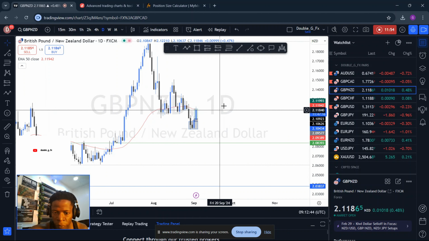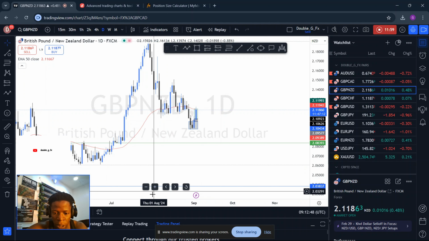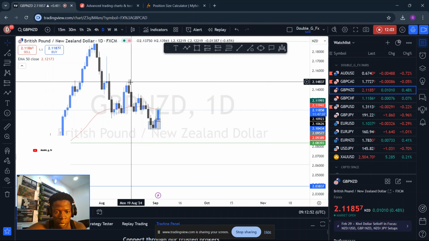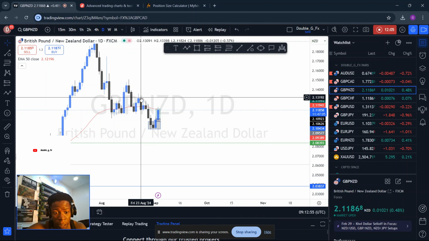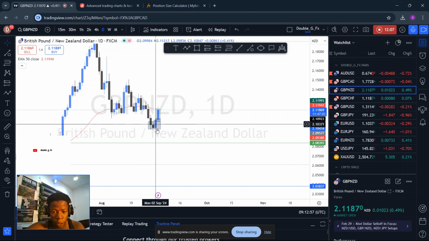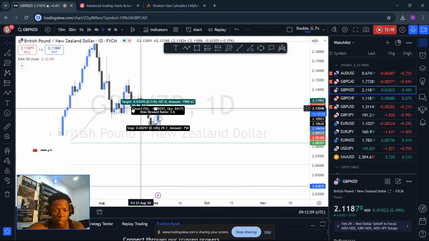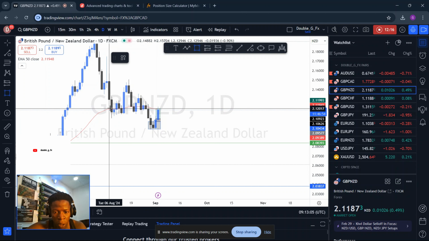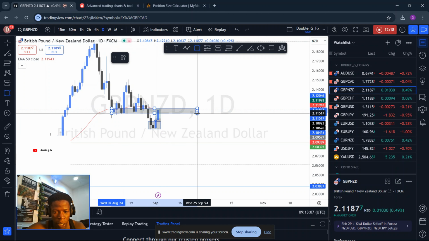So this might be a very good trade to sell currently on our daily time frame. That's what the daily time frame is telling us, because price broke below the pattern and came back to retest this level. This level is actually a very strong area of support because price had been ranging before it broke out of this level here.